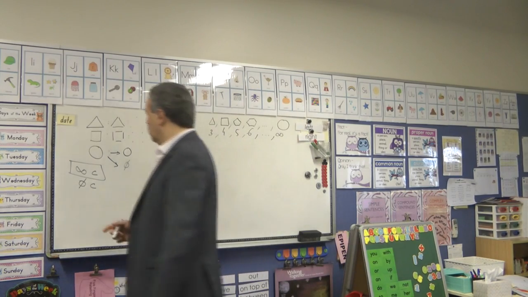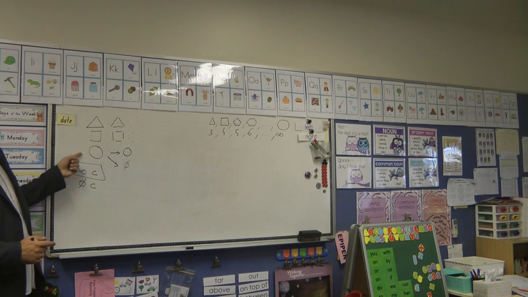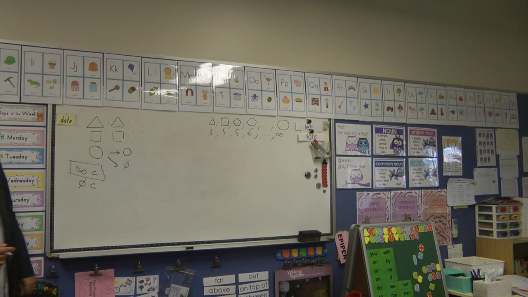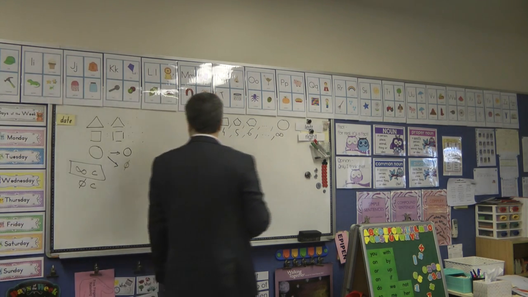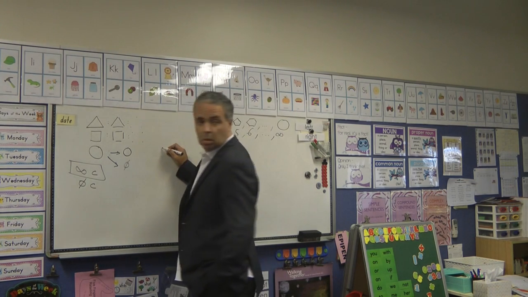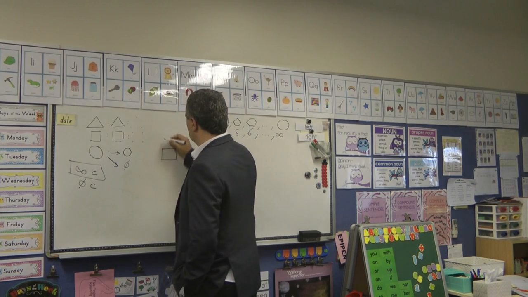So, the idea is the following. This is a figure, this is a shape, this is the corner of the shape. So now, I will ask you, what is a square?